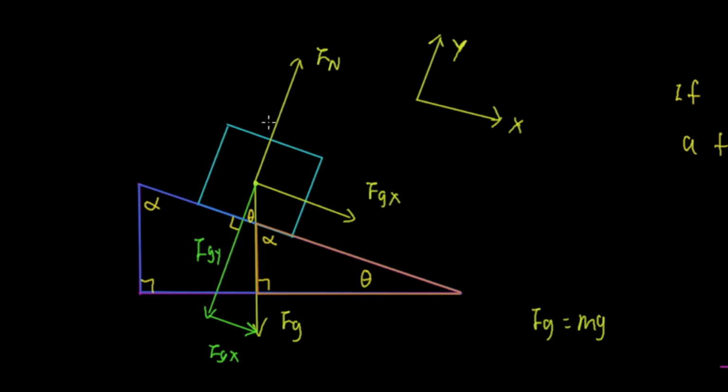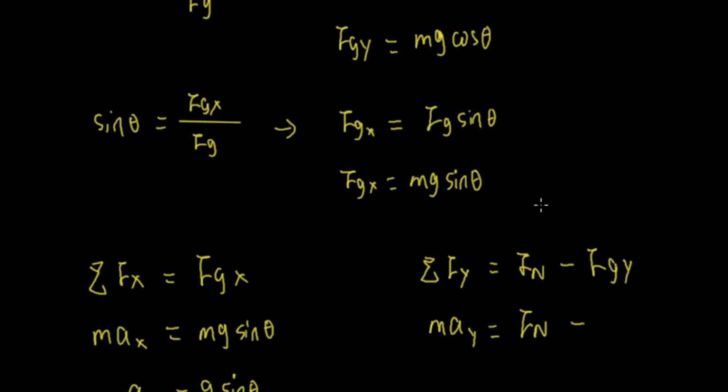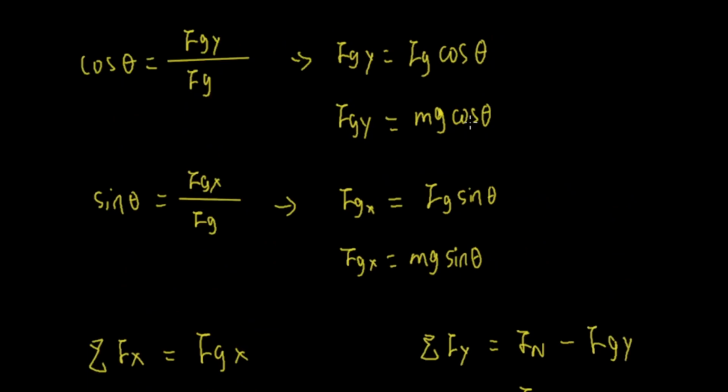So this is F sub n minus F sub gy. Okay, so same thing here. The formula for the force in the y direction is m times acceleration in the y direction equals normal force minus, we calculated F sub gy equal to mg cosine theta.